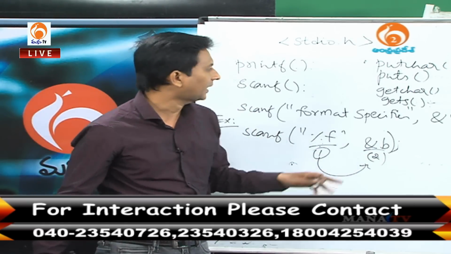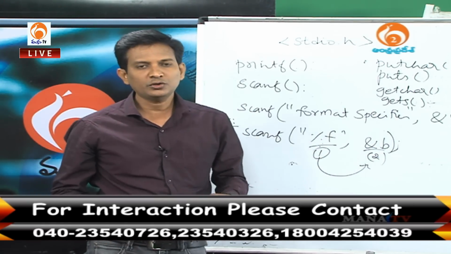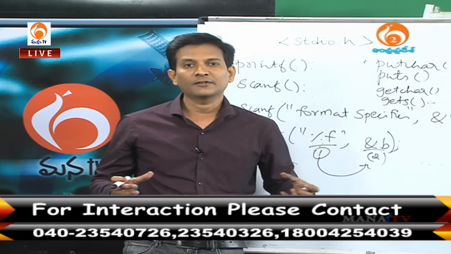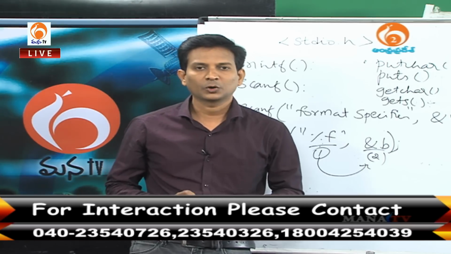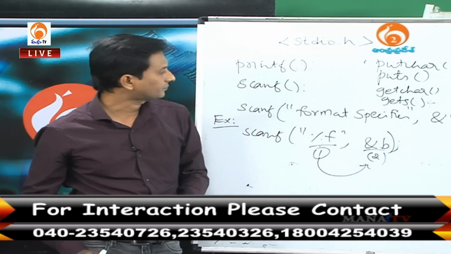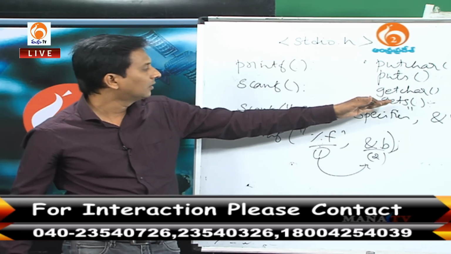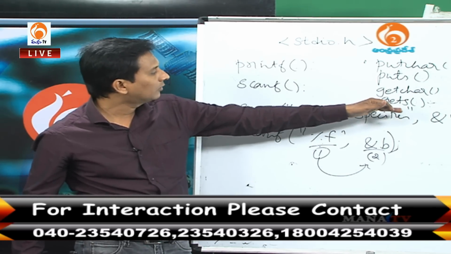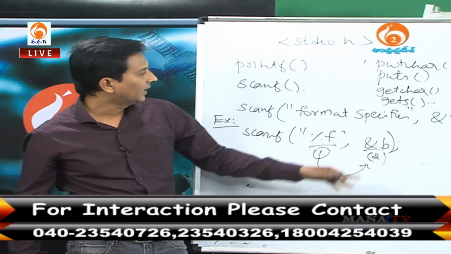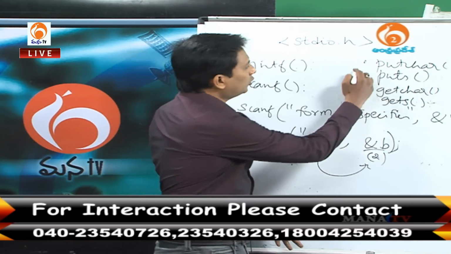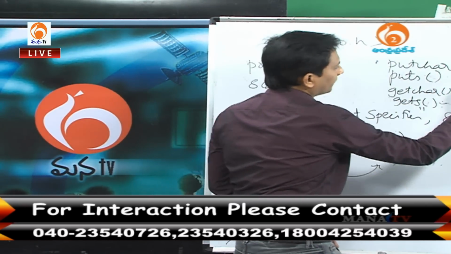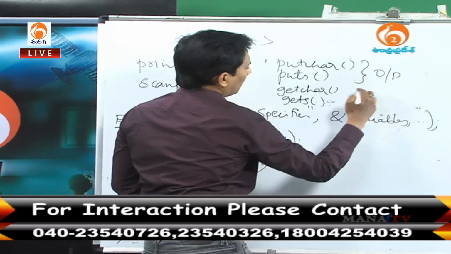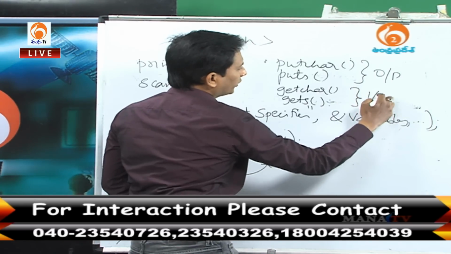Gets is used to read an entire string from the keyboard. These are unformatted predefined functions. The first two are output functions and the next two are input functions.